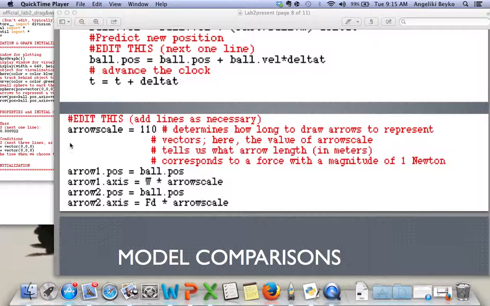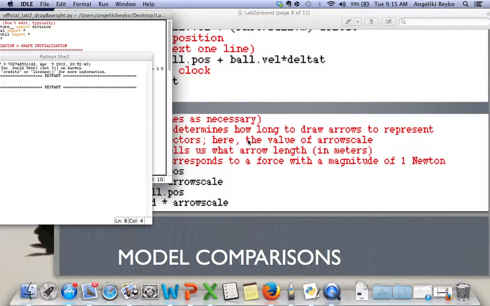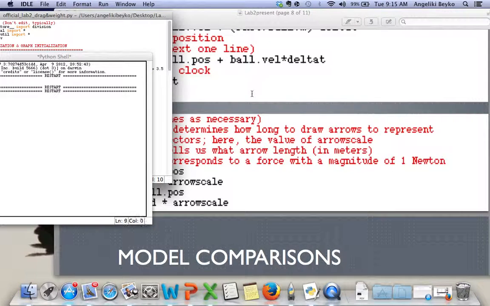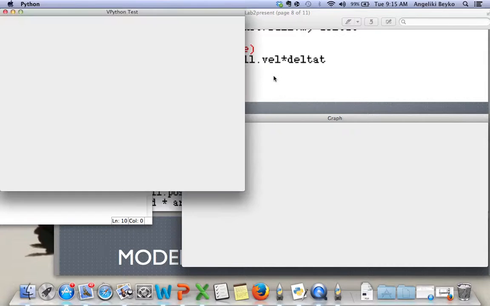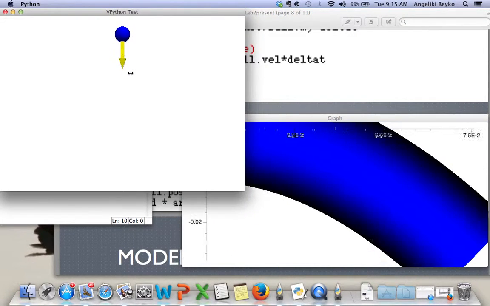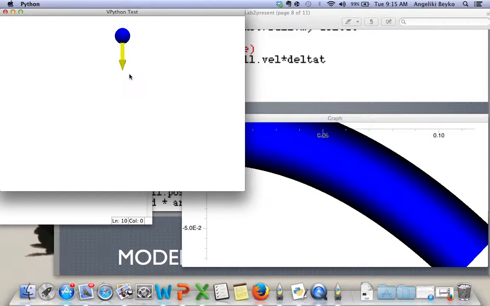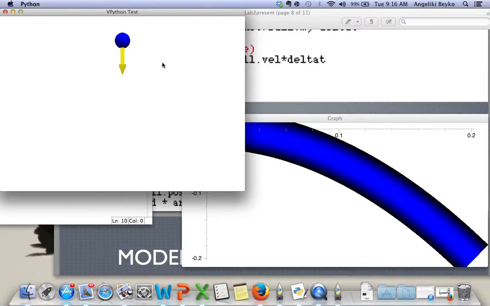Okay, and this is the arrow scale, which again I calculated using the directions from the video from this week. And so now I'm going to just quickly run the model, which you'll see that the arrow pointing upward isn't showing. So here is the downward yellow arrow. The yellow arrow pointing downward is the weight force, and it's a little slow right now because my computer isn't the fastest.